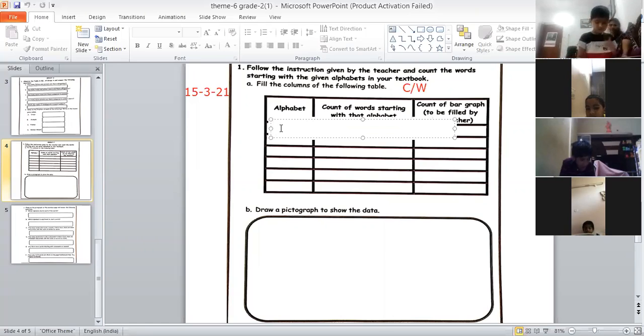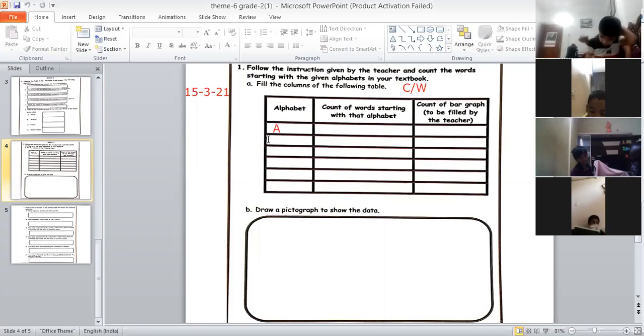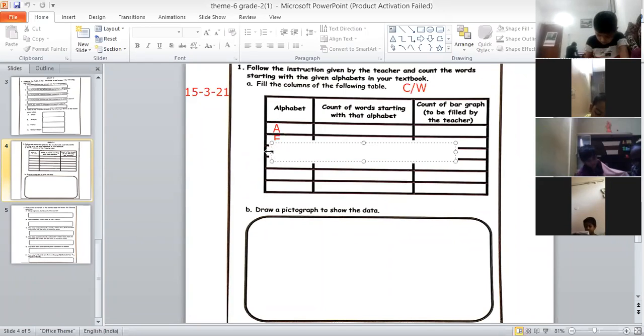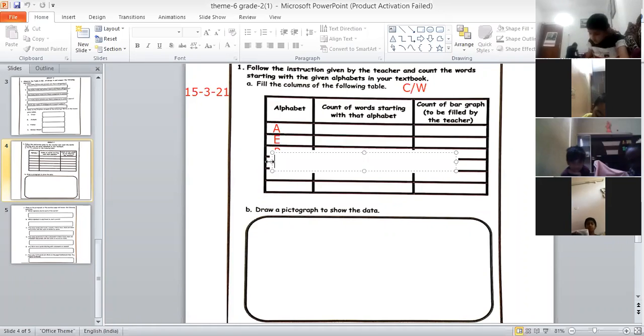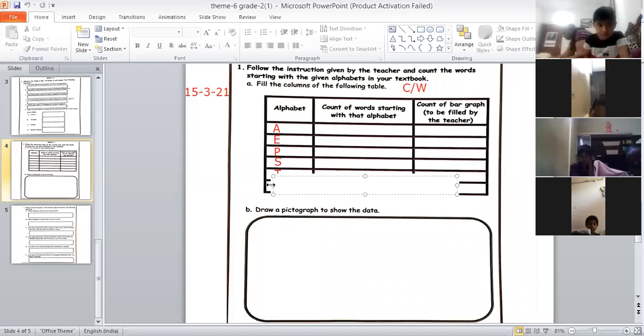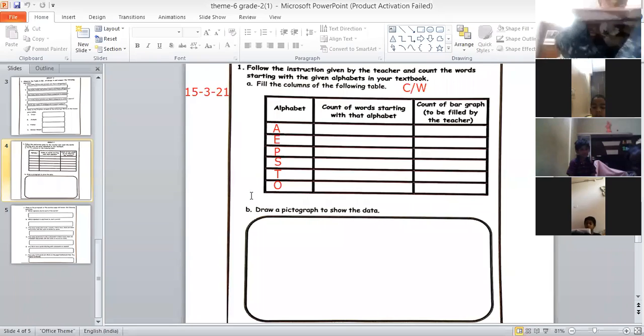Let's say the first one is A. Write here capital A. Then next one you can write E. Then next you can write P. Next you can write S. Then you could write here T. And then the last one you can write O. Write these 6 alphabets quickly.